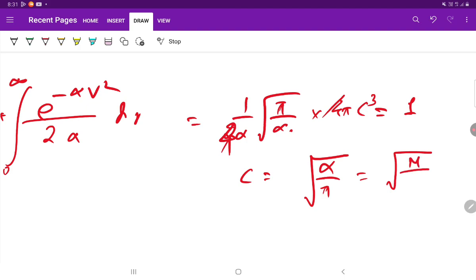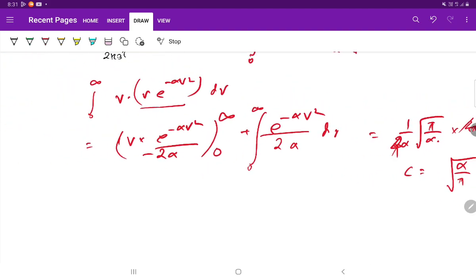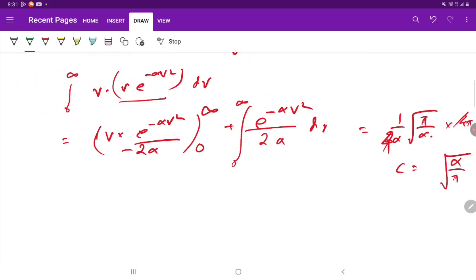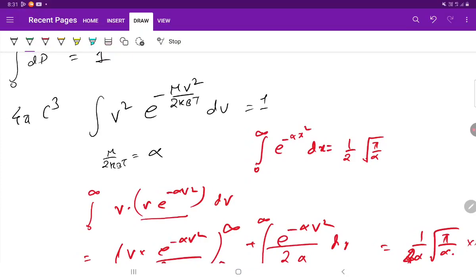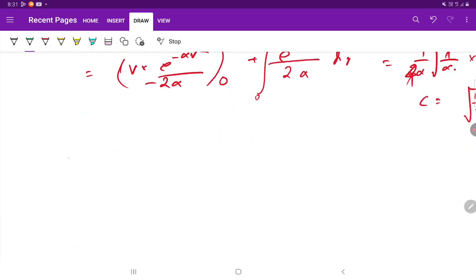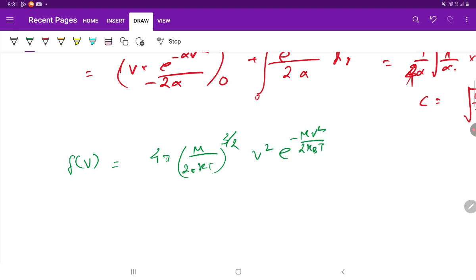Substituting it, you will get m by 2 pi kT. So the final result comes out to be f of v is equal to 4 pi c cube into this big expression. So f of v is given as 4 pi, m by 2 pi kT whole to the power 3 by 2, v square e to the power minus m v square by 2 kT.